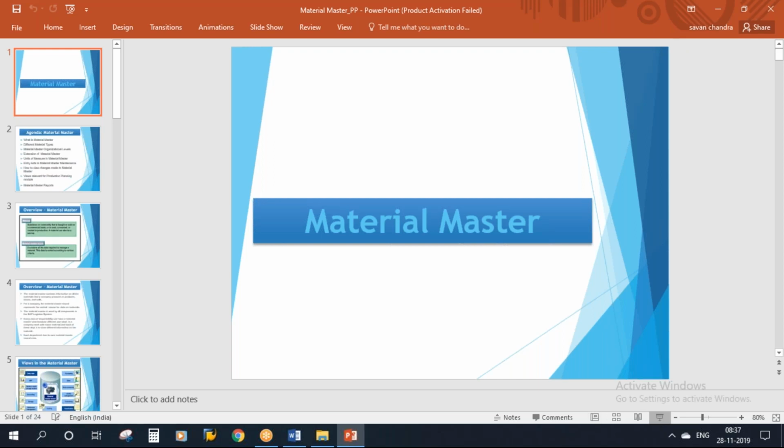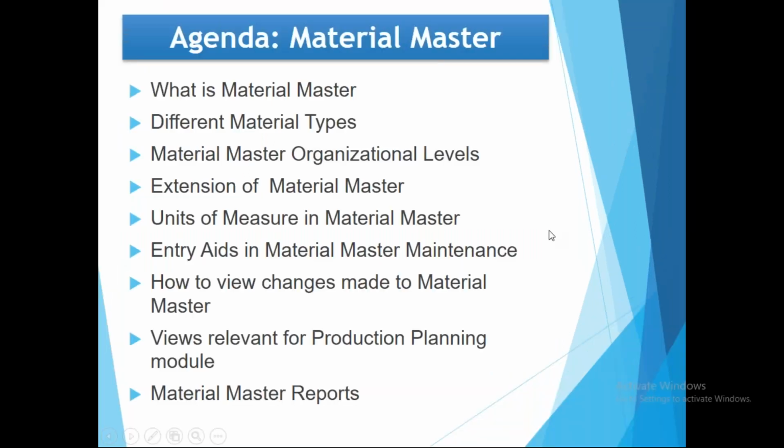The topics we are going to cover in material master are: what is material master, what the different material types are, material master organizational levels, extension of material master, units of measure in material master, entry aids in material master maintenance, how to view changes made to material master, views relevant for the production planning module, that is the PP module, and material master reports. These are the topics we'll be covering.